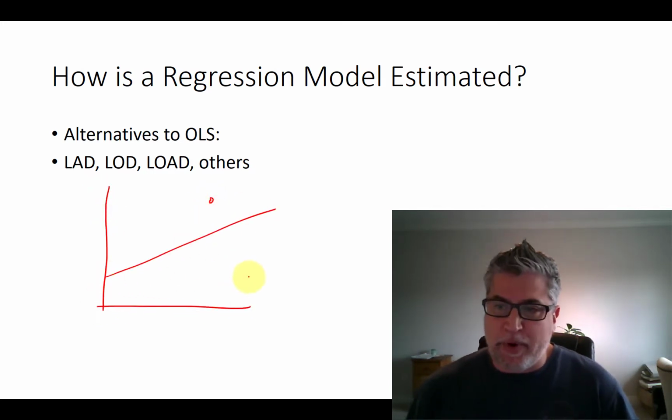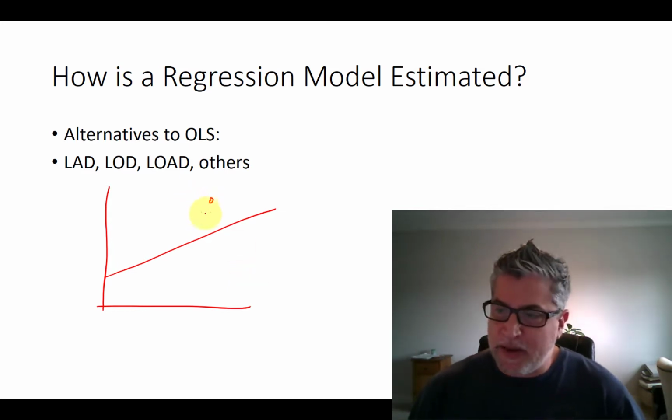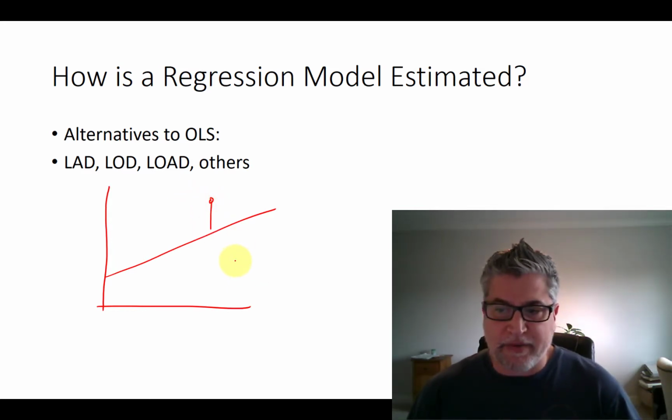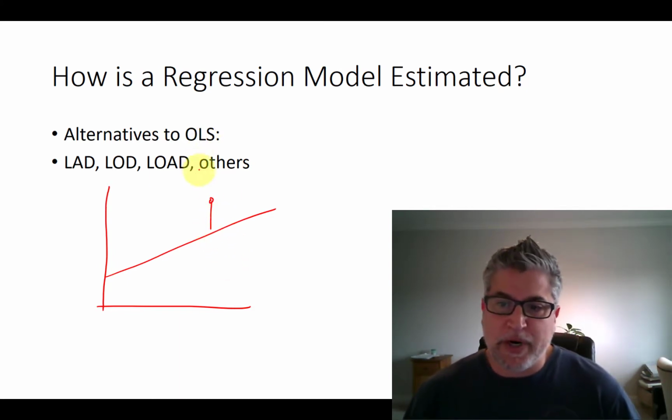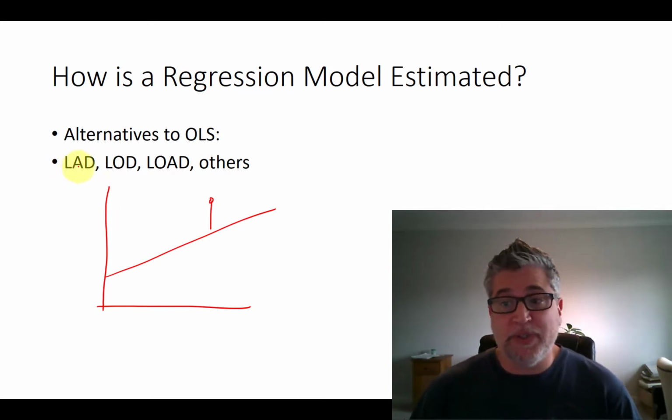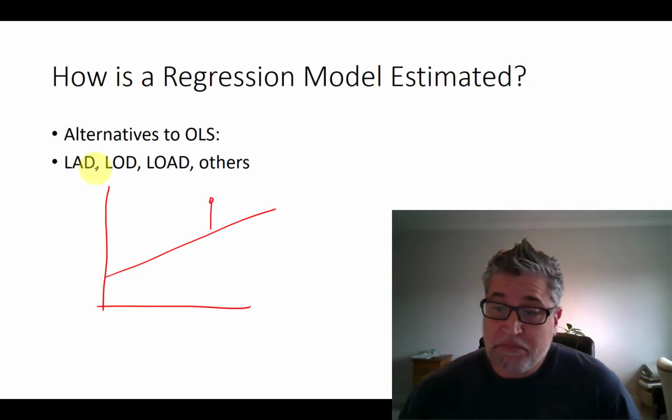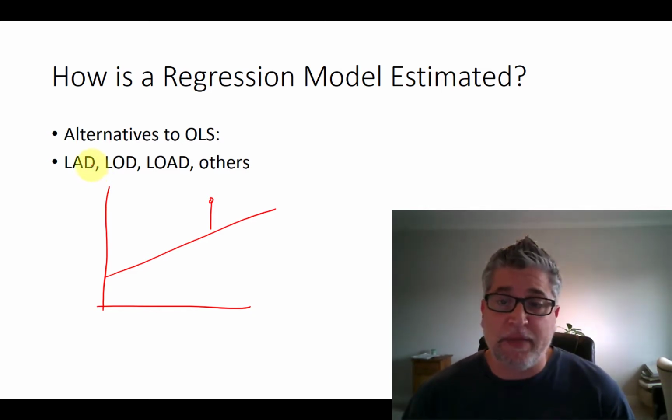But let's say you got a data point. Some people say, listen, rather than squaring that difference, why don't you take the absolute value? So rather than minimizing the square differences, let's find the least absolute difference or absolute deviation. That makes sense. And computers are good at that kind of thing. You don't need the calculus anymore.